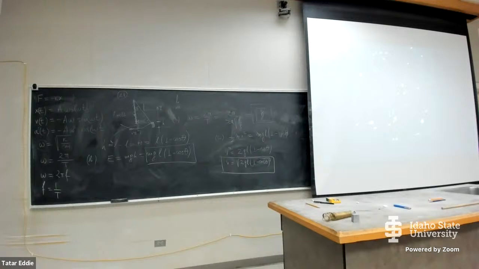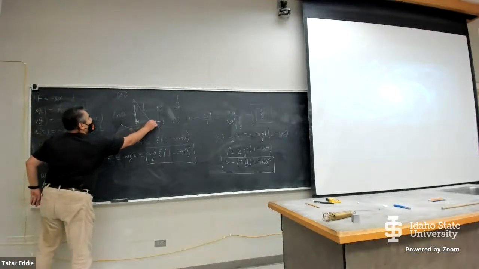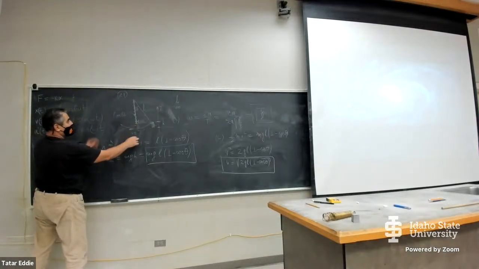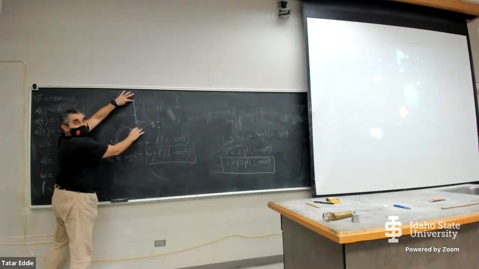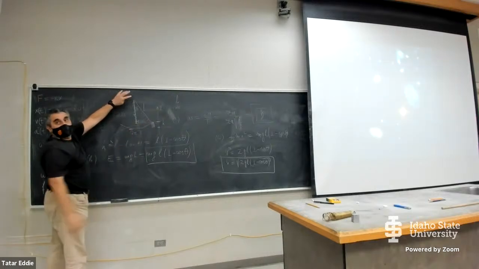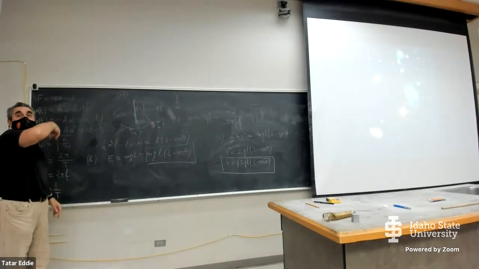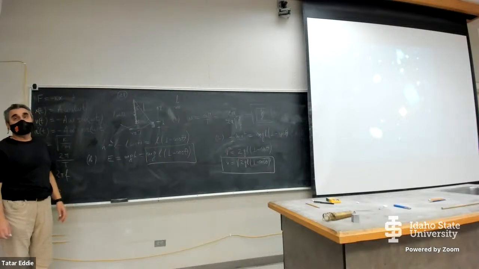Other questions? Alright, so L is the length of the string. So it goes like this. So this is L, this is L. It's the radius of this circular arc.